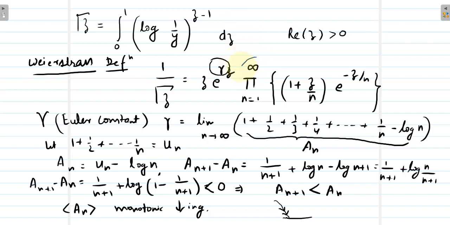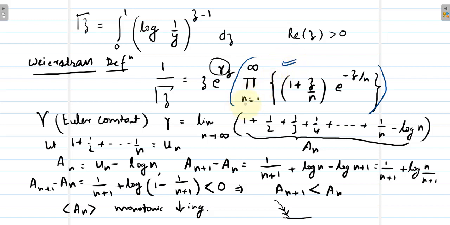Here we see this infinite product. Just like the absolute convergence of an infinite series has to be made sure, in the same way we will try to prove the absolute convergence of this infinite product.